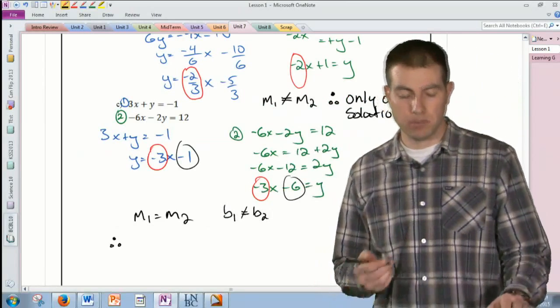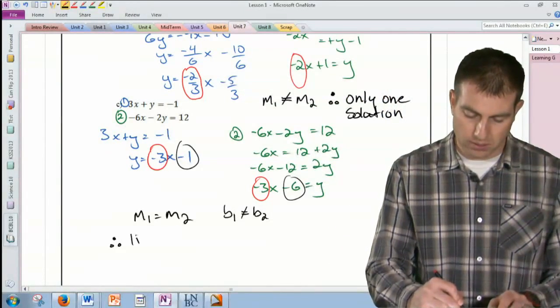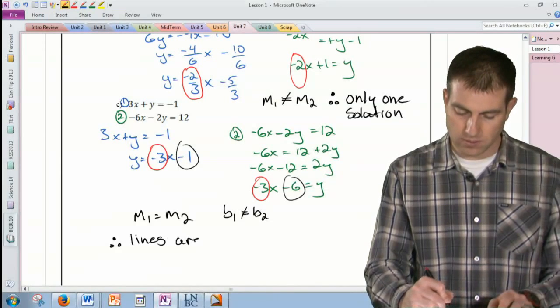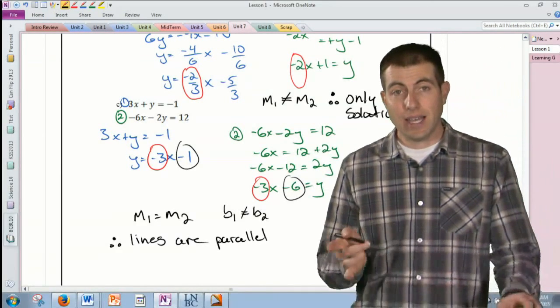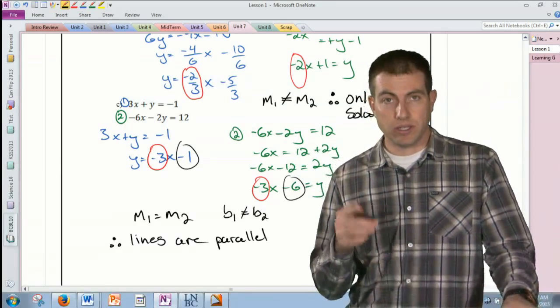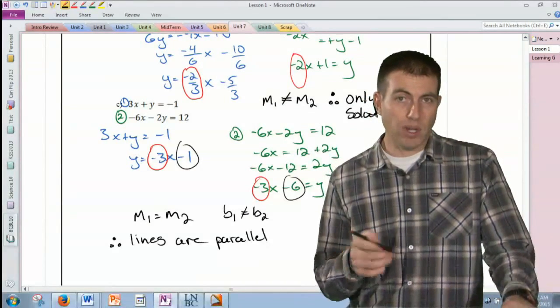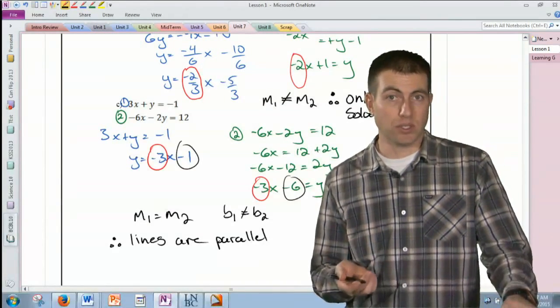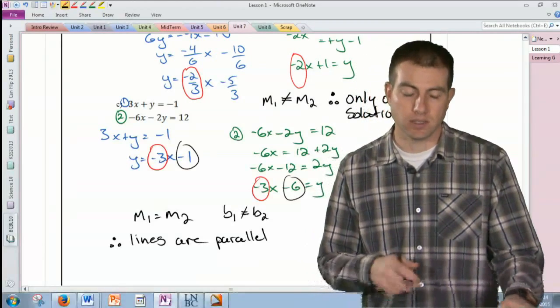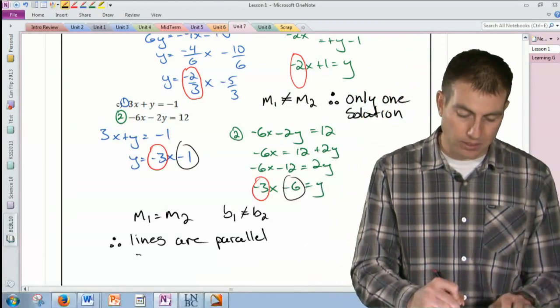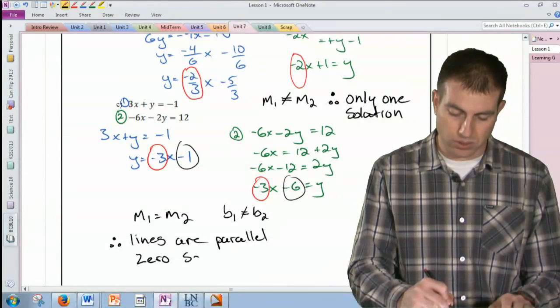My slopes are the same, meaning my lines are parallel. I can't say that these are the same line because my y-intercepts are different. If the y-intercepts were the same, then I'd have coincident lines. But because my y-intercepts are different, I don't have coincident lines. I have parallel lines and 0 solutions.